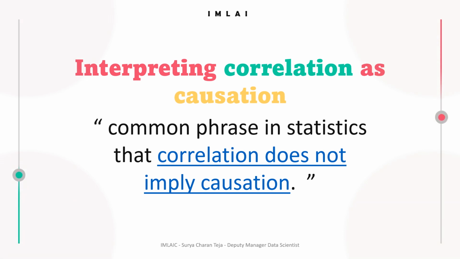Simply because we observe a relationship between two variables in a scatter plot does not mean that changes in one variable are responsible for changes in the other. This gives rise to the common phrase in statistics: correlation does not imply causation. I am repeating one more time: correlation does not imply causation.